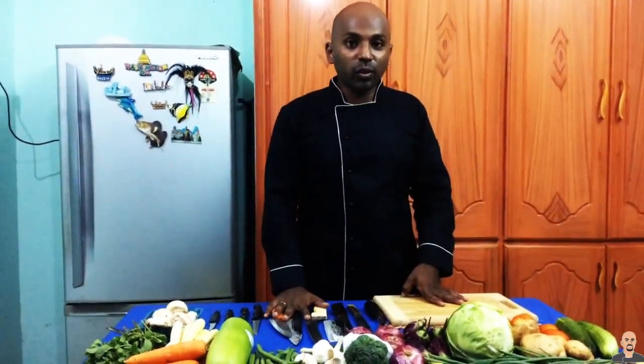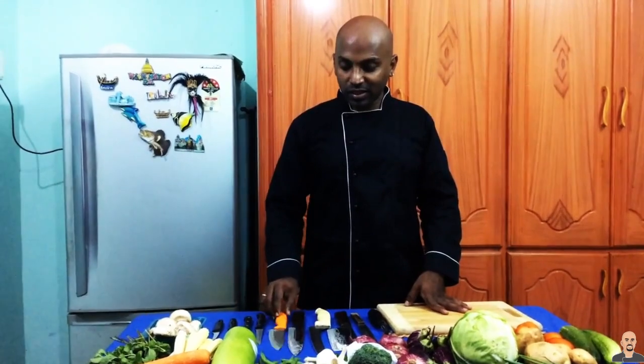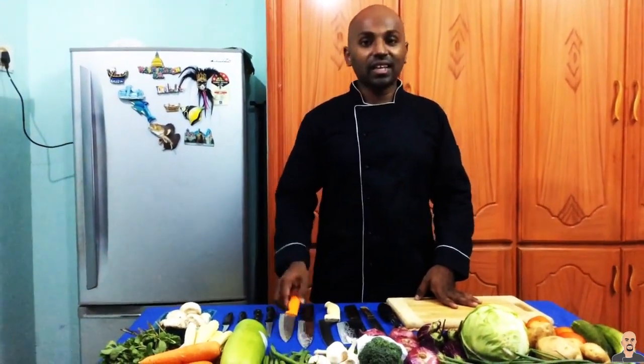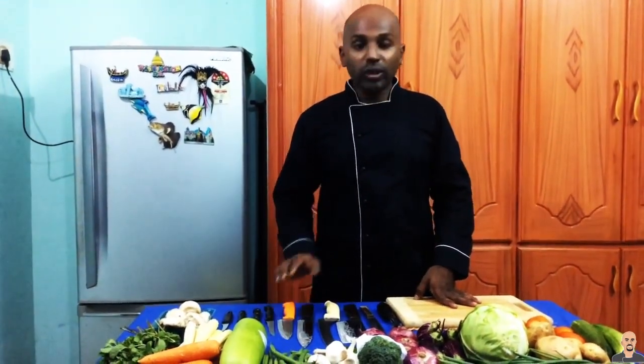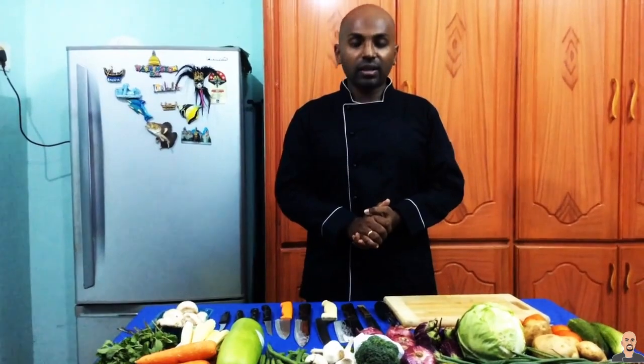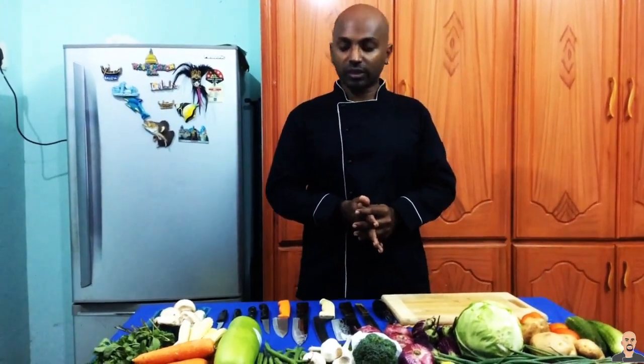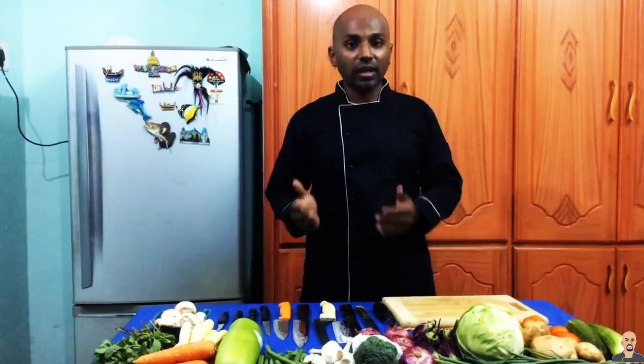And the third very important thing for cutting is our extended arm, we can say. It's the knife. So today I am going to show you almost 9 varieties of knife which are most commonly used in all types of kitchens. There are other types of knives also, but they are not most commonly used, so I'm not going to show you those. So let's see what the knives are used for.